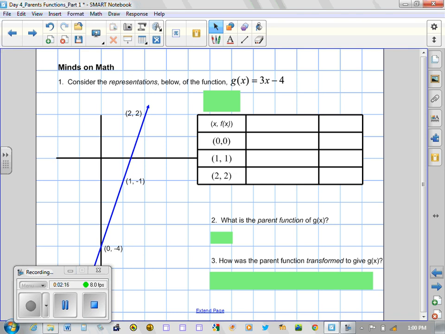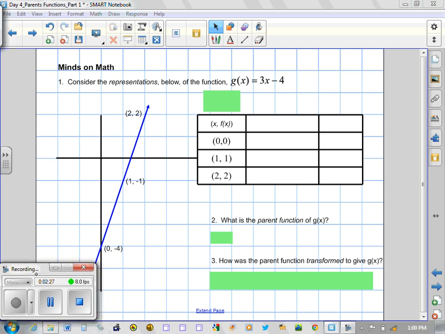Let's begin with some minds on math. Okay, we'll look at some old functions, and we'll talk about their representations. So on the left-hand side, we've got a graph of the linear function g at x, 3x minus 4. Well, if you look at the graph, you can see its properties.